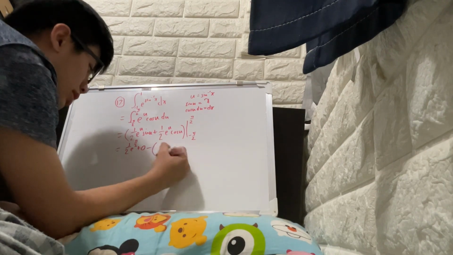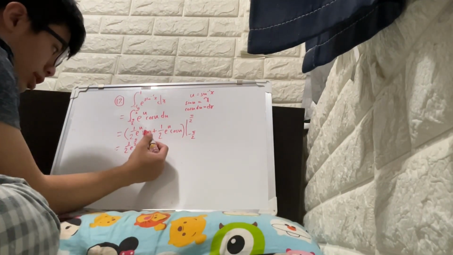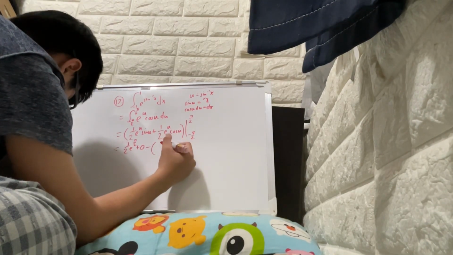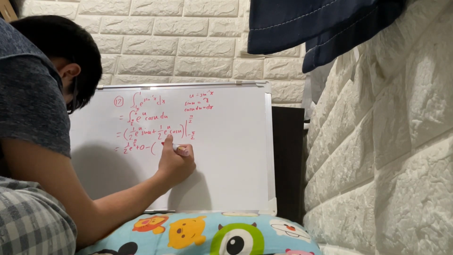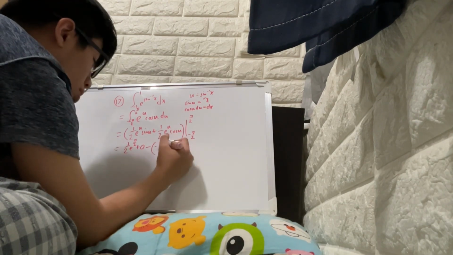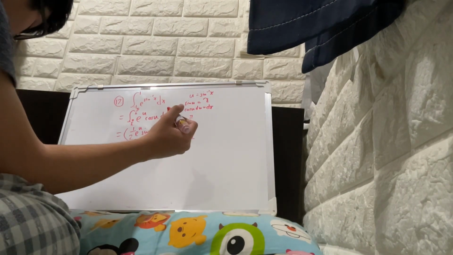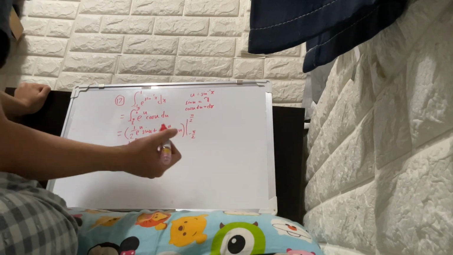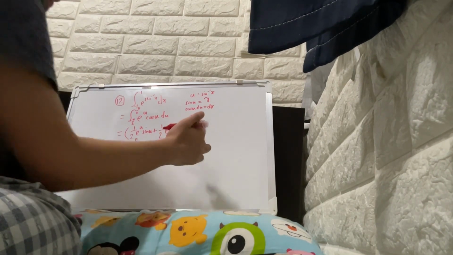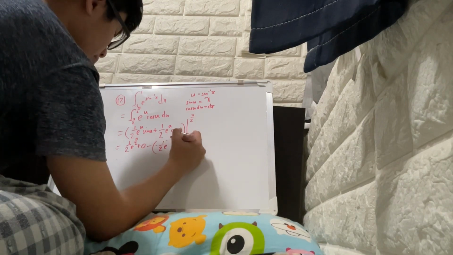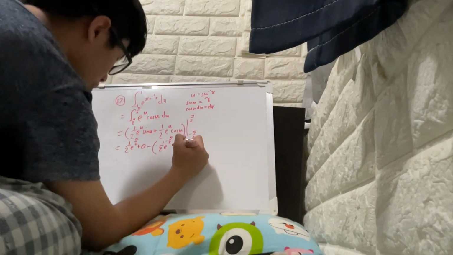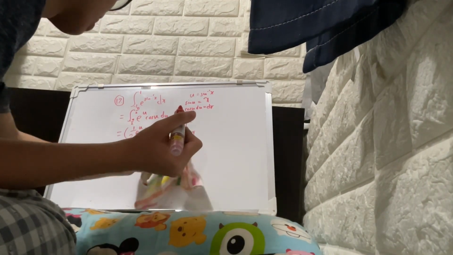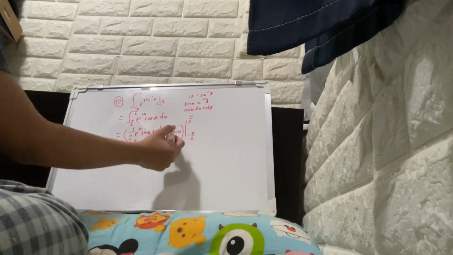Then we subtract, putting negative pi over 2 into it. Sine of negative pi over 2 is negative 1, so you get negative e to the negative pi over 2, and then minus this.